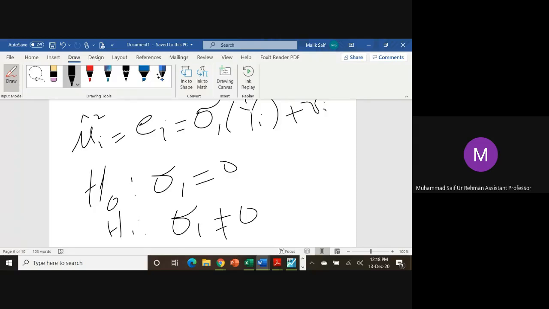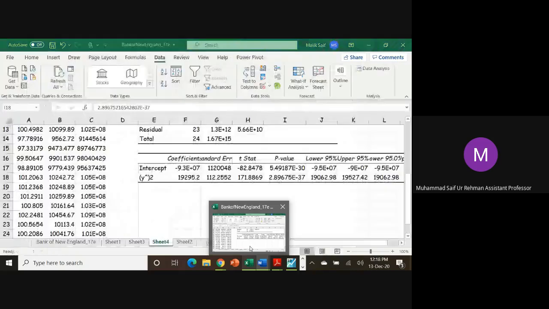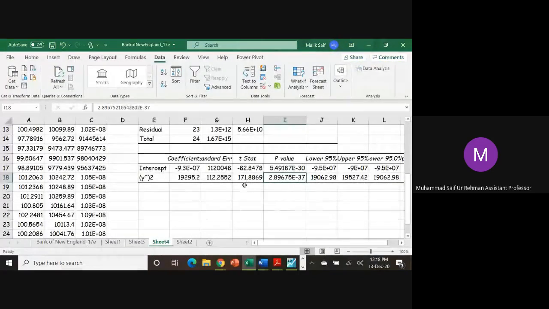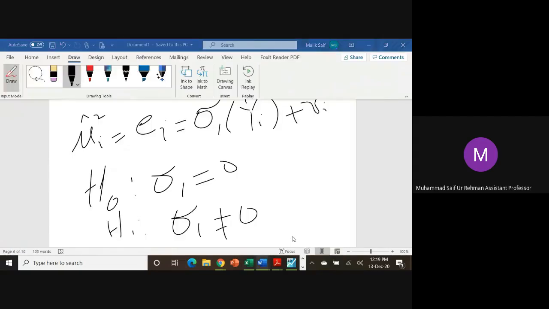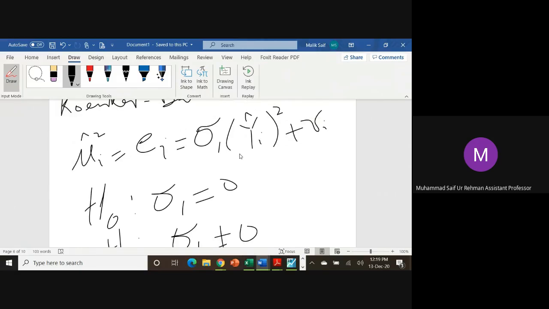So probability value is so small, or otherwise if you see the t value, 171.8869, a huge value. So you are going to reject H naught. Reject this, accept this. This means that there is a relationship between y hat square and ei square. Okay. So if there is a relationship, then there is an issue of heteroscedasticity.